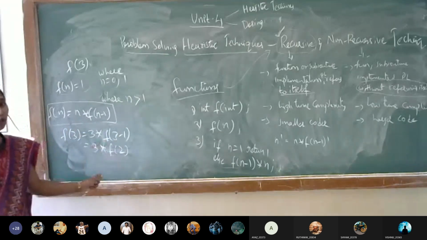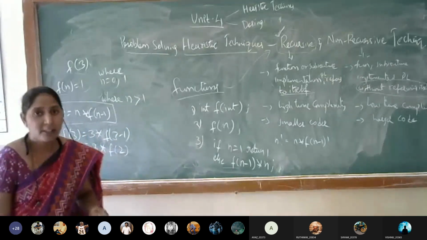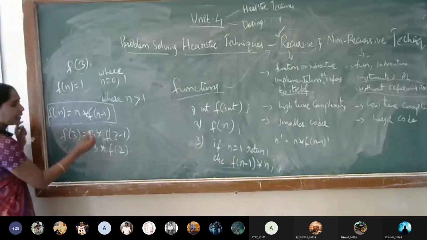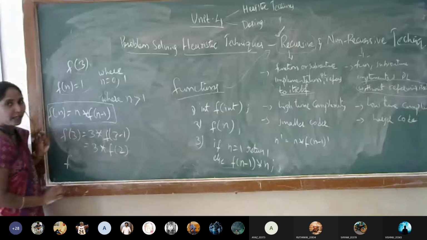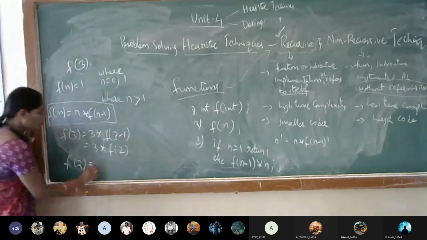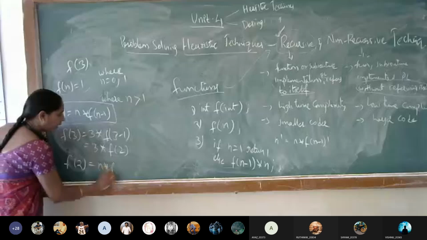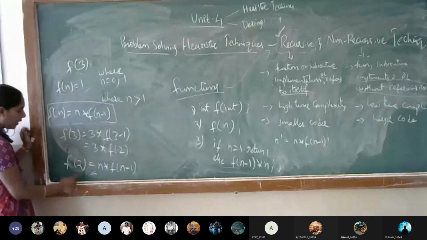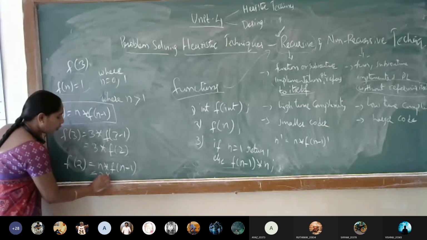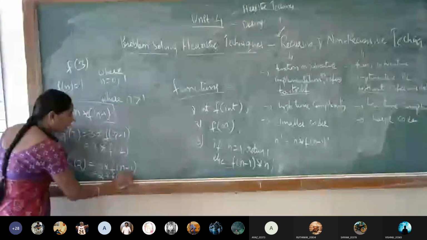So now what I need to do is calculate the factorial of 2 value. How will I be calculating? Again it will be calling that particular function. So I will be specifying factorial of 2 is equal to n into, again, now n is equal to 2. So we will be writing 2 into factorial of 2 minus 1.